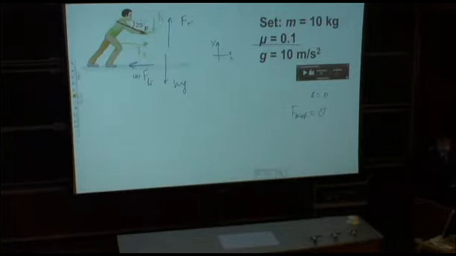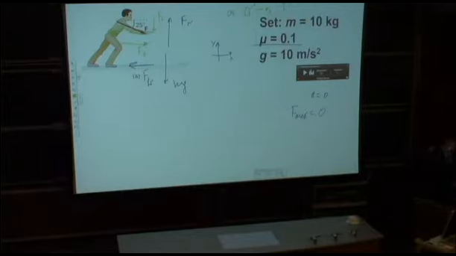Let's pause for the moment. Or, if we pull, what does it change? Does it change the parallel component of the applied force? No. But the vertical, the perpendicular component of the applied force now points up.